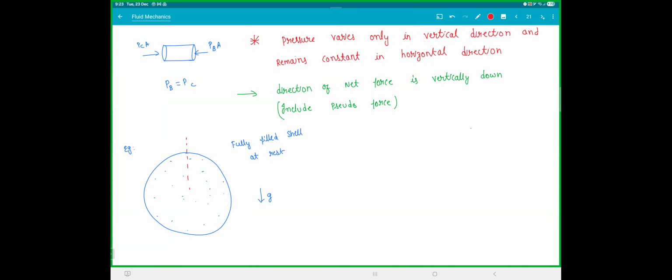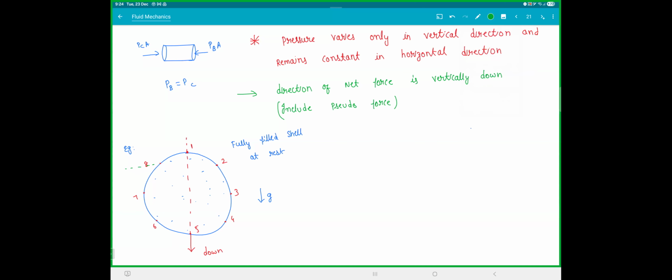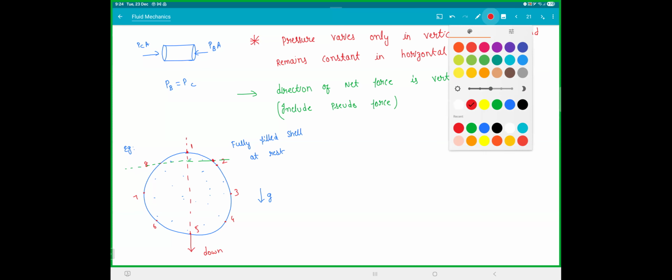This vertical line is down. Now if I consider some points here, let's call them 1, 2, 3, 4, 5, 6, 7, and 8. What is horizontal? The line perpendicular to this vertical is horizontal. This is 2.